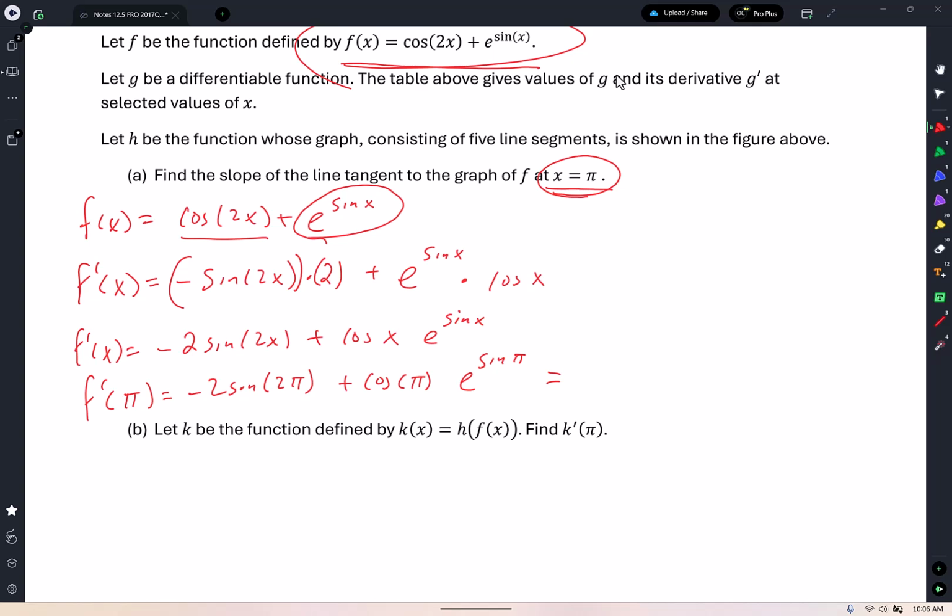What is sine of 2 pi? 0, so that's 0. Plus, and since sine of 2 pi is 0, sine of pi is also 0. Yes or no? And e to the 0 is 1. Times cosine pi. What's cosine of pi? It's not 1. Negative 1. So my slope is negative 1.